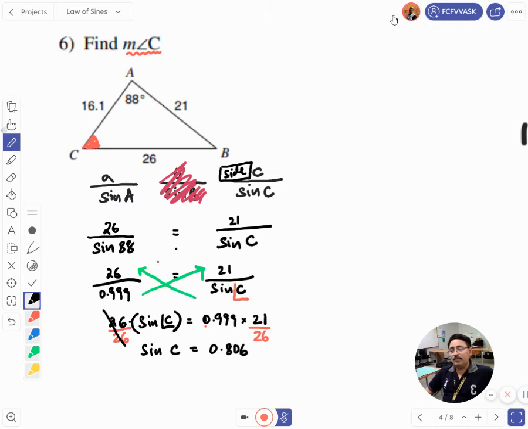In my previous session, I explained how to figure out the angle. You move this angle to the other side and the number to this side. When you swap these values, you have to take the inverse. So sine inverse of 0.806 equals angle C. I'm using my TI-84 calculator, but I explained how to compute the angle in my earlier lessons.